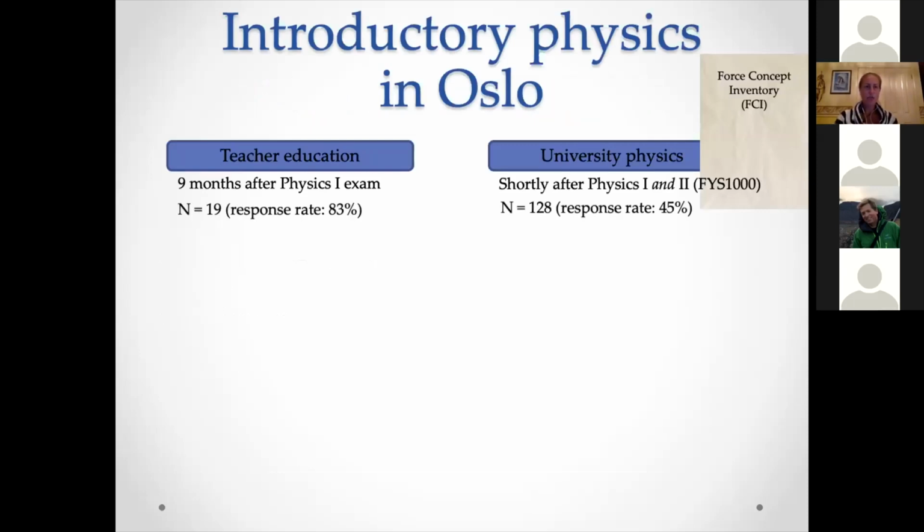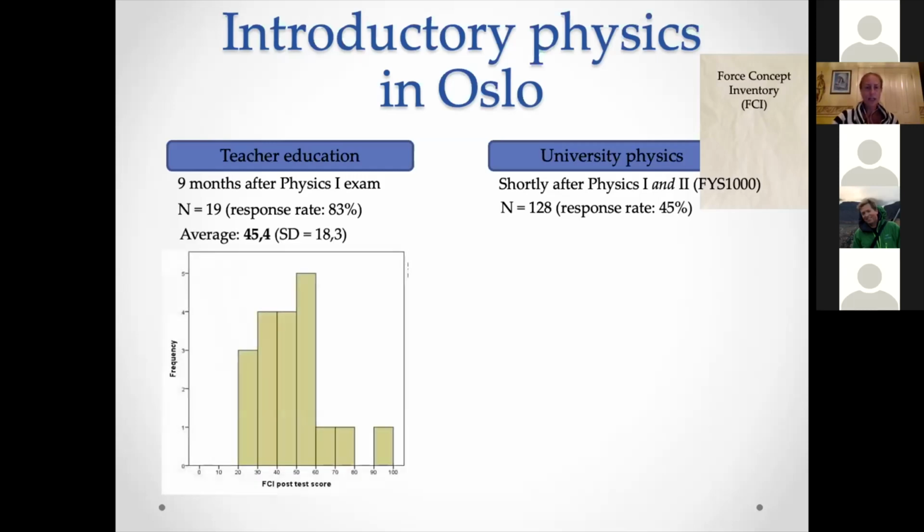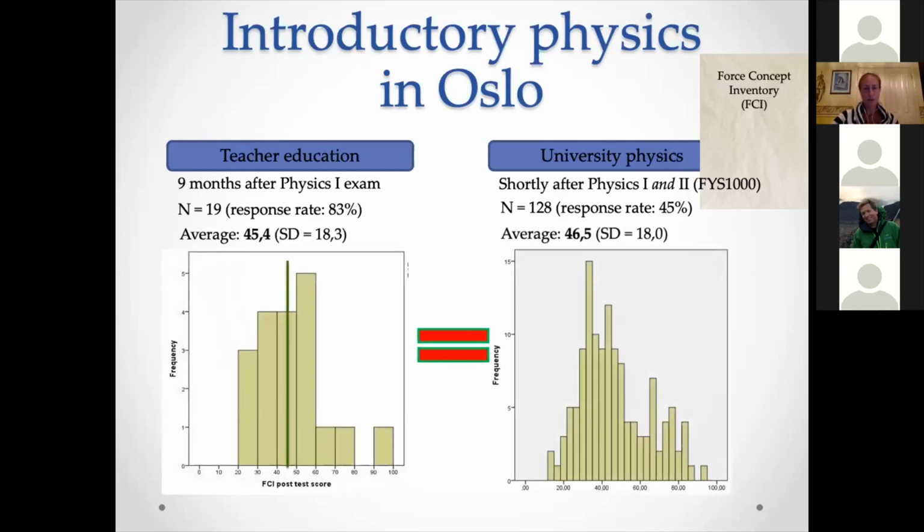I gave it to my students 9 months after they sat their Physics 1 exam, and I could find data from when it was given shortly after Physics 1 and 2 at the University of Oslo. Now, in short, the students performed equally well as the students at the University of Oslo, even if they'd covered less physics.